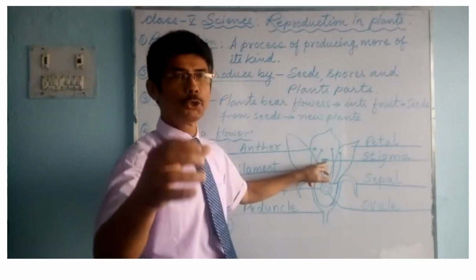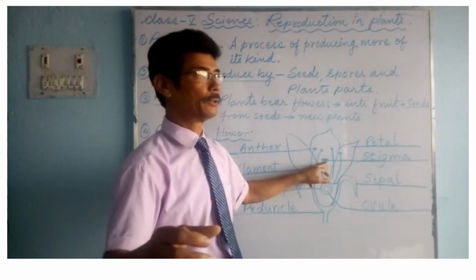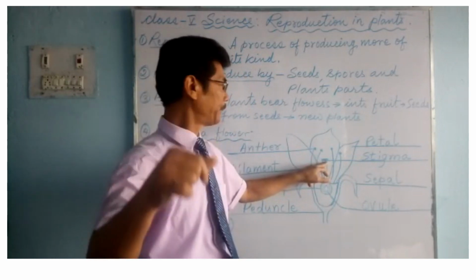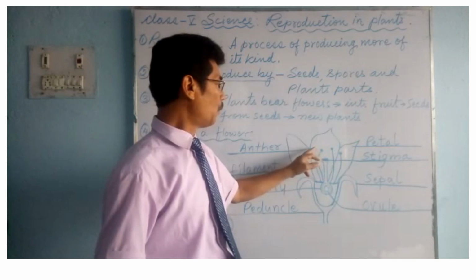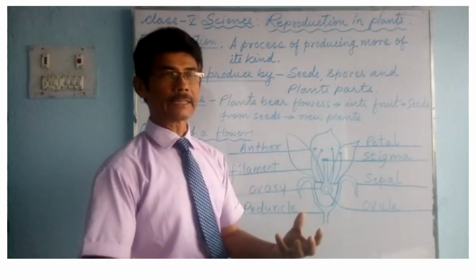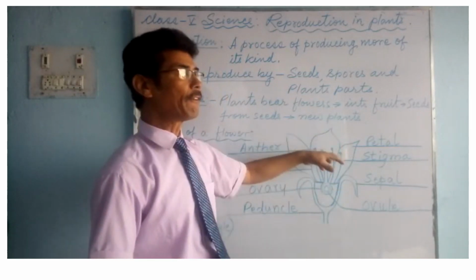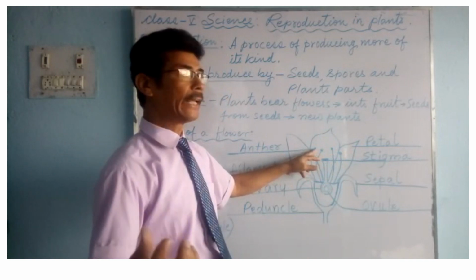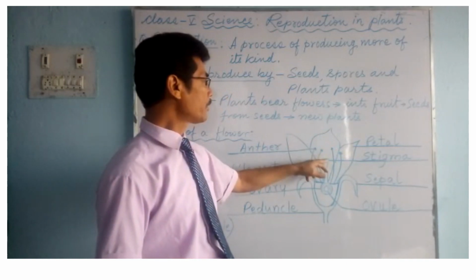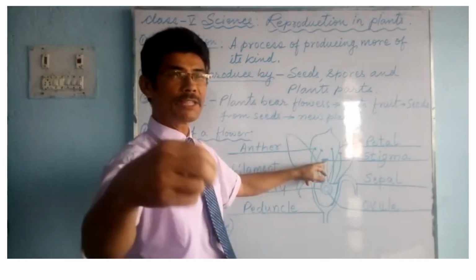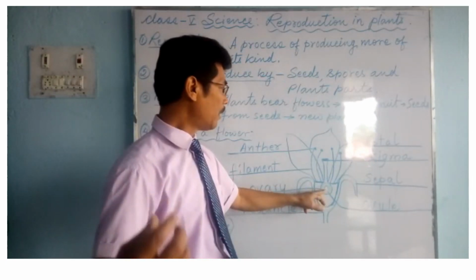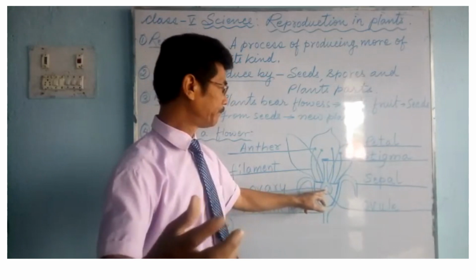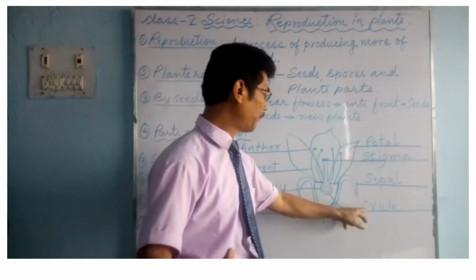It's a long tube-like structure having a hollow pipe inside. So the pollen grains fall when the insect or the bees sit on the flower. The pollen grains from the anther fall into the stigma, and from stigma it gets inside and reaches the ovary. This portion is called ovule.